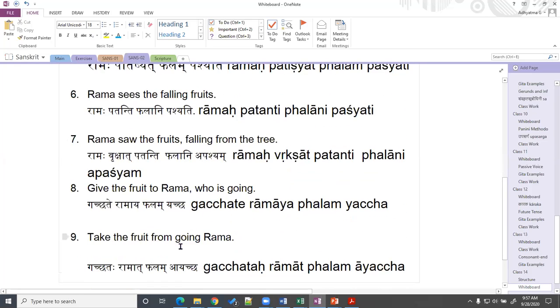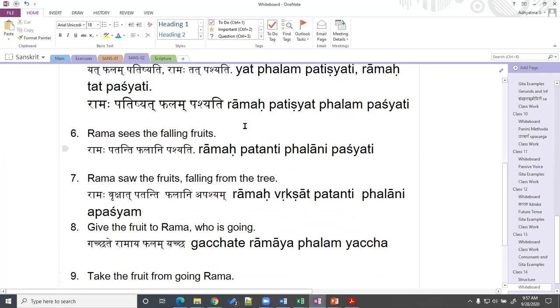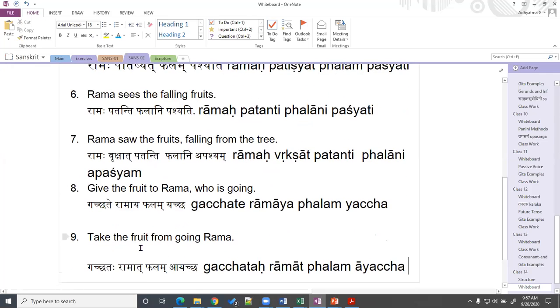In almost every case, the present participle will make the sentence look a little smaller and more beautiful. And it will convey the idea that the action is actually in progress. That is the main difference between the yat and tat construction and the participle construction.